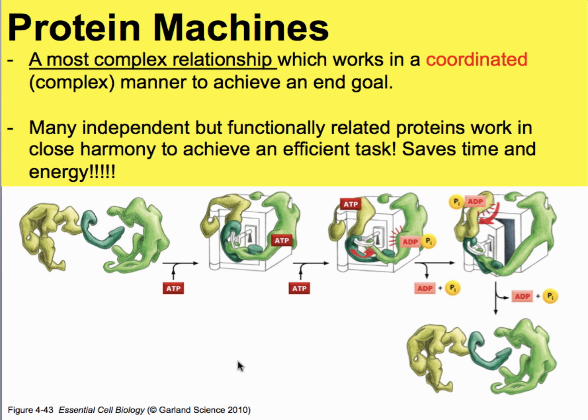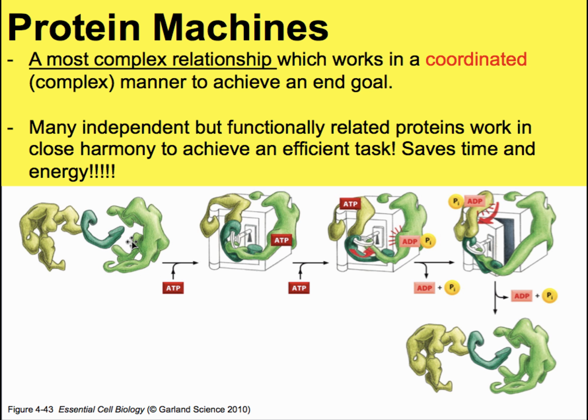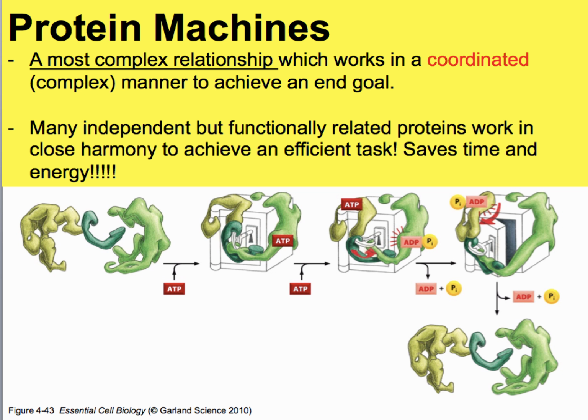As indicated here, we have three different proteins which interact to perform a task for the sake of the cell. In a sequence of coordinated maneuvers involving many steps, some of which require energy, the proteins are able to achieve some fantastic outcomes. We will encounter protein machines in later chapters, especially with DNA replication.